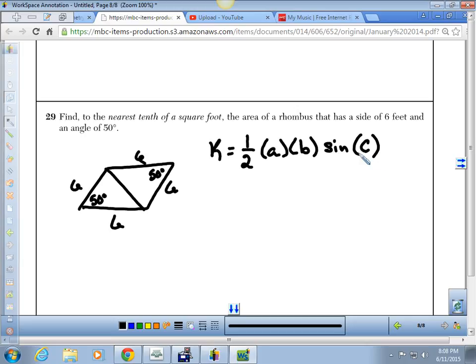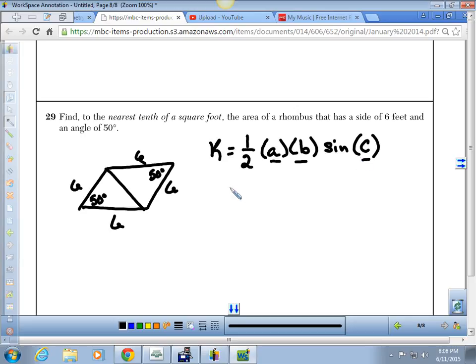Now, Olivia, you were kind of stressing a little too much there. Is that a formula you had to memorize? No! Where do you find it? Reference sheet. It's a formula given to us on the reference sheet. A and B represent what? Two sides. And then this capital C has got to be the angle that's in between them.